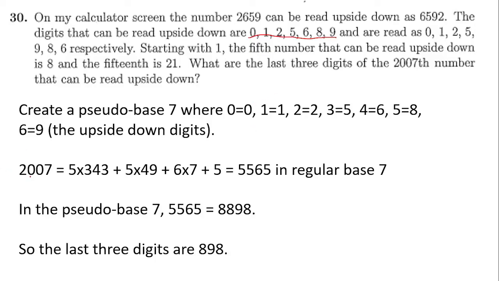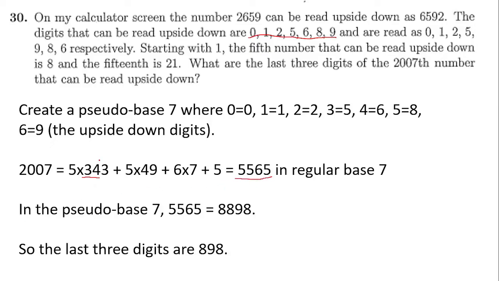Now we convert 2007 into regular base 7. So since it can be written as this is 7 squared and this is 7 cubed, it's 5565.